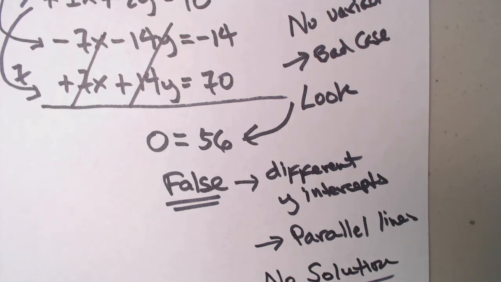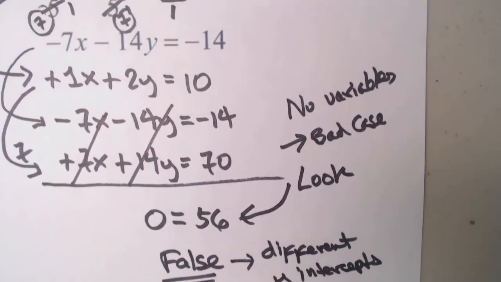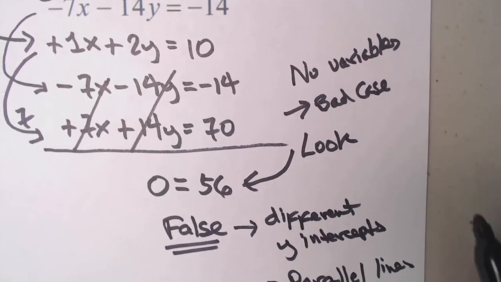Well, as we've seen, you can have bad cases here. We saw what it looked like when we did them by graphing, either parallel lines or lines on top of each other. But if the system is bad, it's going to be bad no matter what method you use to solve it. So substitution, elimination, how you know you've got a bad system is the variables disappear on you.